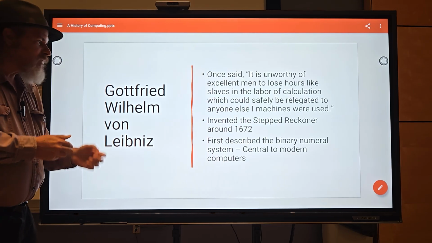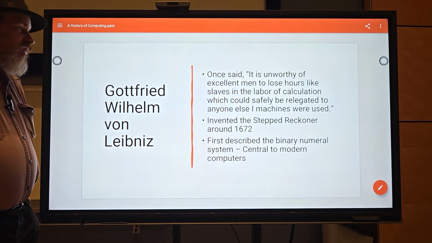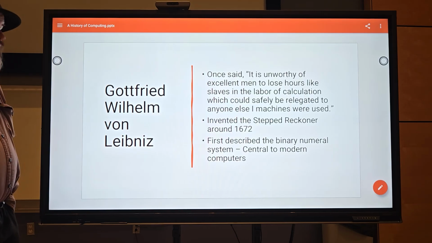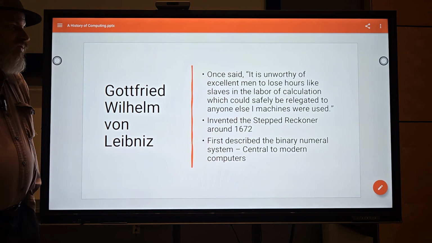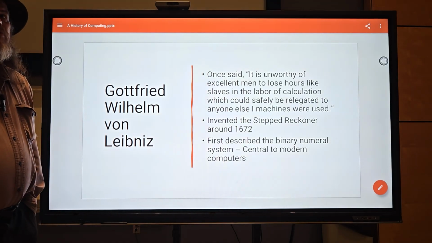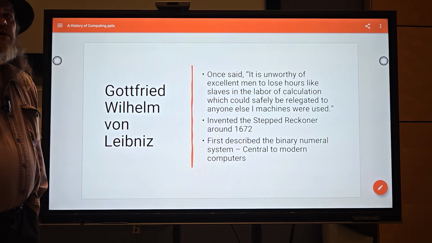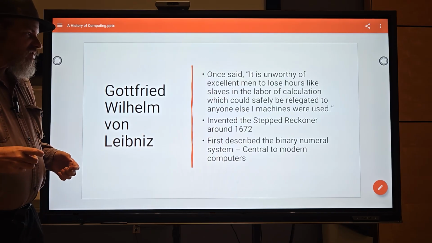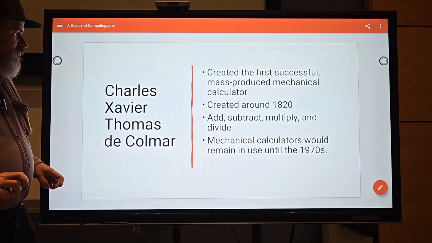He invented the stepped reckoner, and he's the first one to describe the binary numeral system, which is central to modern computers. Though modern computers still used base 10 up until around 1946. They didn't use binary until later than that.